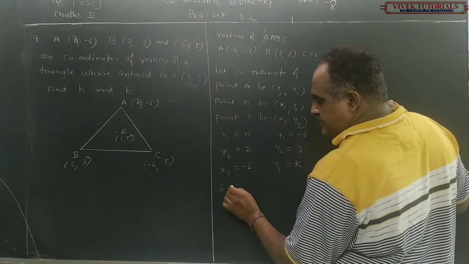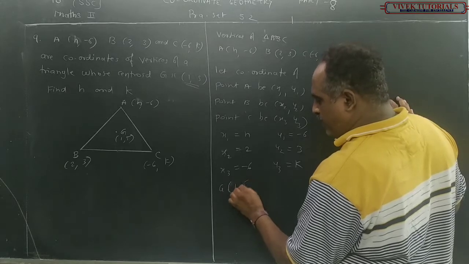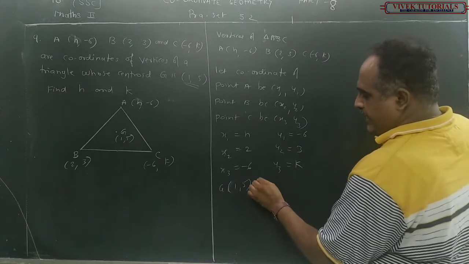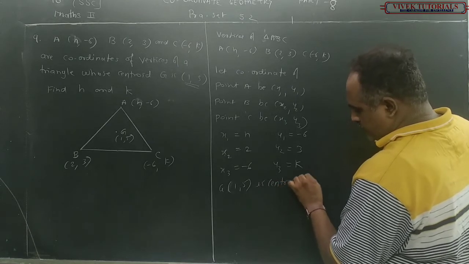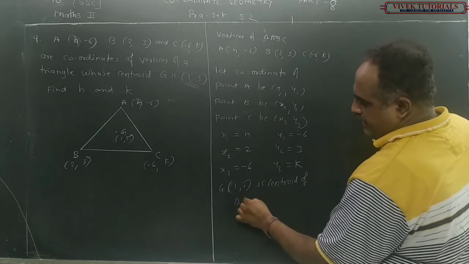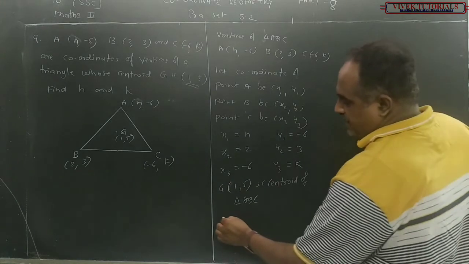G (1, 5) is the centroid of triangle ABC.